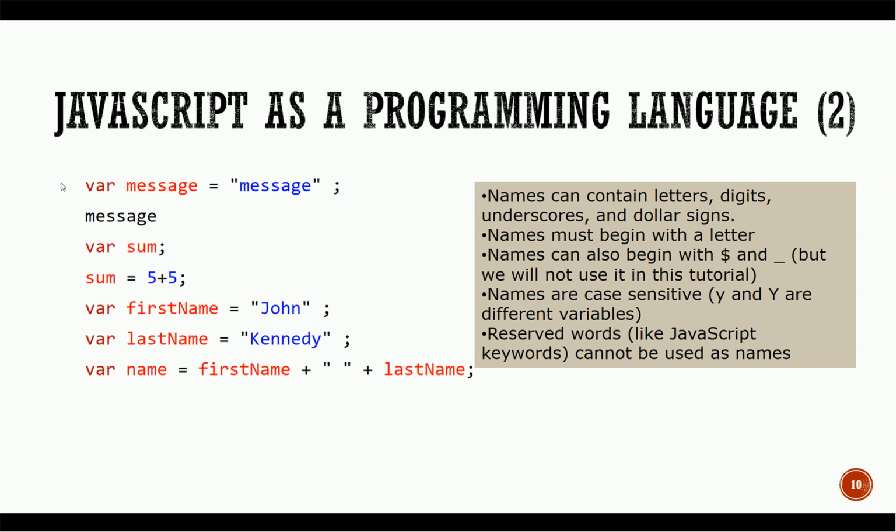The name must begin with a letter, which means you cannot start with a digit. The name can begin with the dollar sign or the underscore, and normally we use the underscore, like in some languages, to indicate that it's a local variable, not a global one.